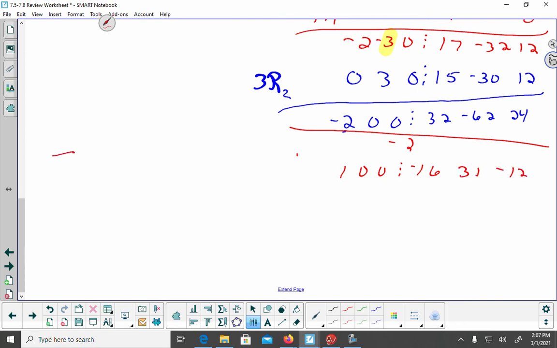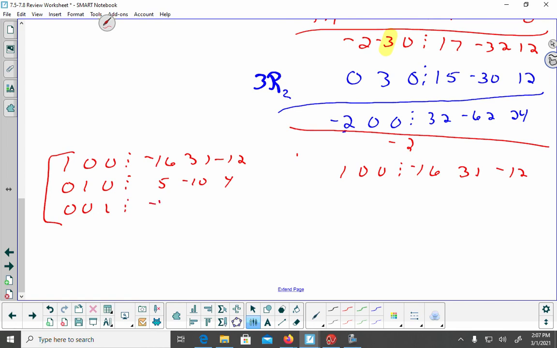So when I write this, what should happen is on the left side, you have the identity matrix. That's how you know you're done.